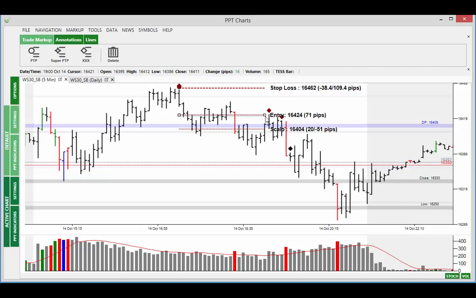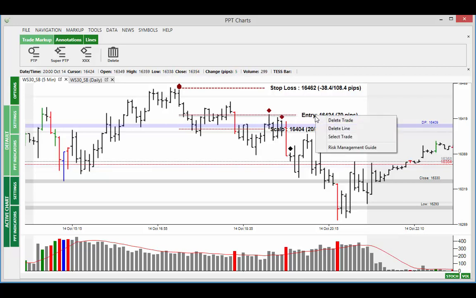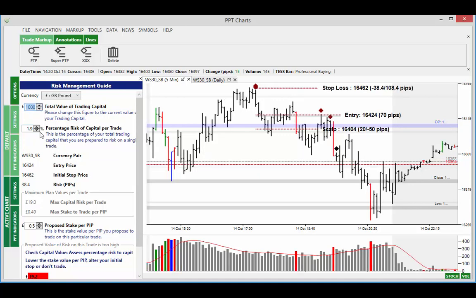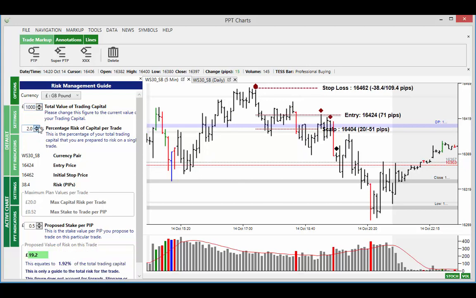So what I'm just going to do is drag the entry point out a bit there. If you right click on the entry price, you'll notice you get this contextual menu, and then there is this risk management guide. So if I click on this, I get this window appear on the left. You can place in your account size, the percentage of risk that you want per trade, if it's 1%, 2% or whatever.